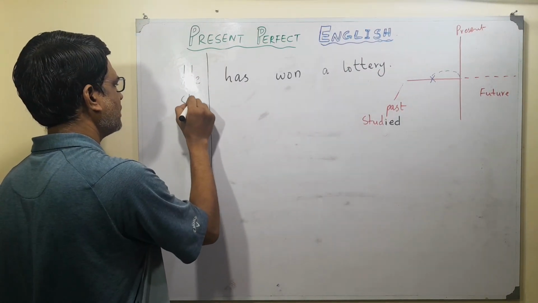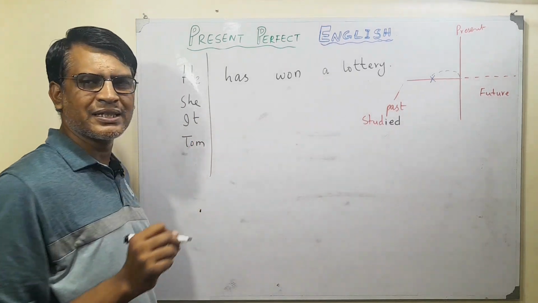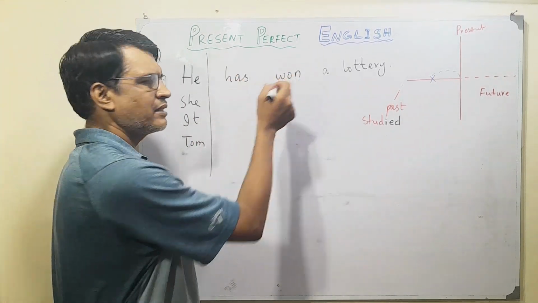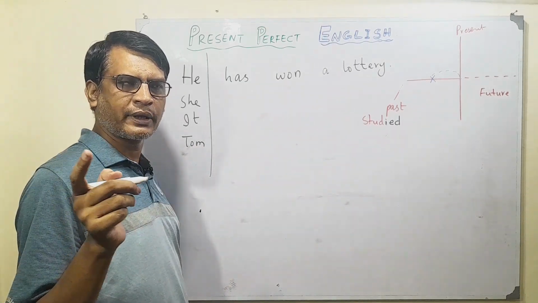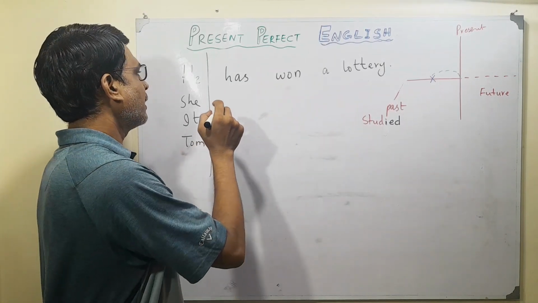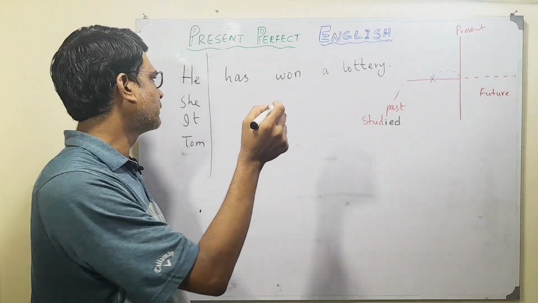And with she, and with it, and with Tom, it will be the same. With has, third form of verb. Now, won is the third form of win. Win, won, won. That is the form. Don't say it is "wan". Pronunciation. It's "wun", it's not "wan".